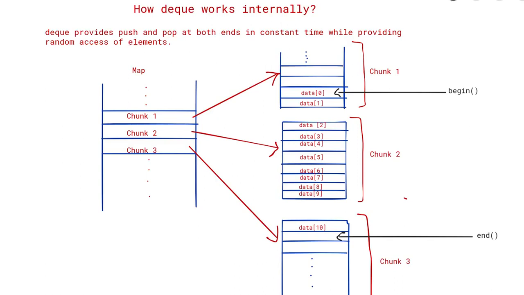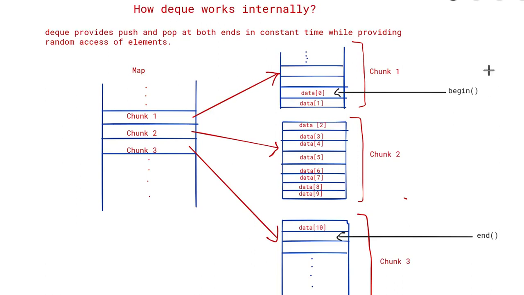How? So what happens when you declare a queue like this? You have 11 data: 0, 1, 2, 3, 4, 5, 6, 7, 8, 9, 10. So we have 11 data, and they are actually divided into chunks. The foremost chunk has data like this, with empty space up above.